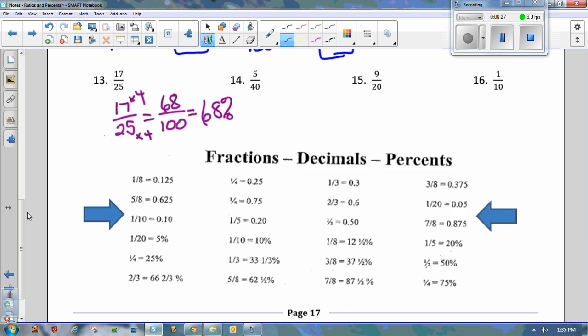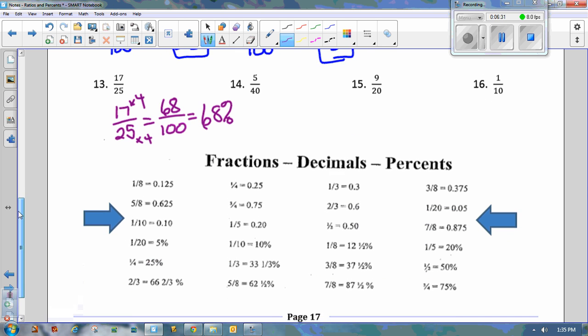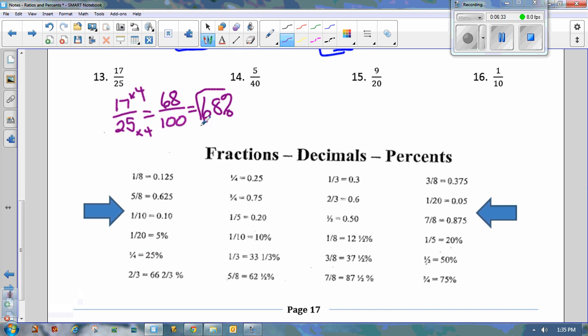Okay, but we were asked, if you look back up here, to change that fraction to a percent, and we did that. So we're going to box that and go to our next problem. I'm going to skip and go over here to 15. I have 9 over 20. Again, I notice that 20 can go into 100, so I'm going to make it equivalent to 100. 20 times 5 gives me 100, so I take 9 times 5, which is 45.